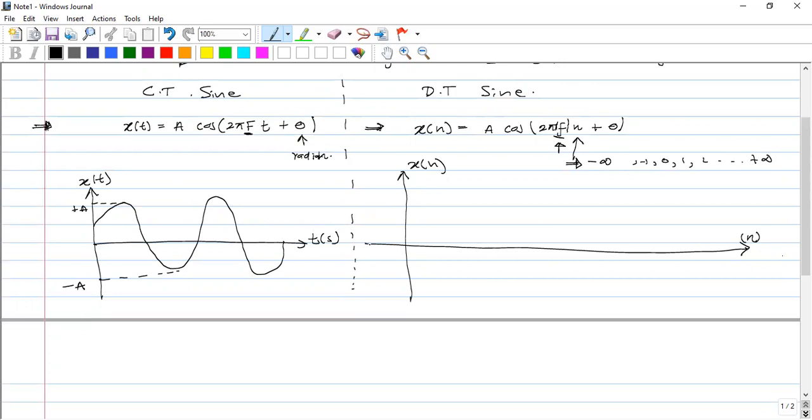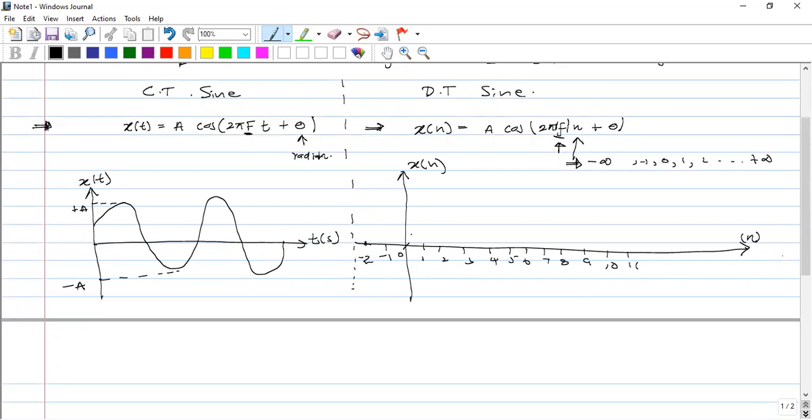We know that n can be from minus infinity to plus infinity, so there can be -2, -1, 0, 1, 2, 3, 4, 5, 6, 7, 8, 9, 10, 11, and so on. This n is an integer value, it can be plus or minus. Here we draw the signal only on the plus side.